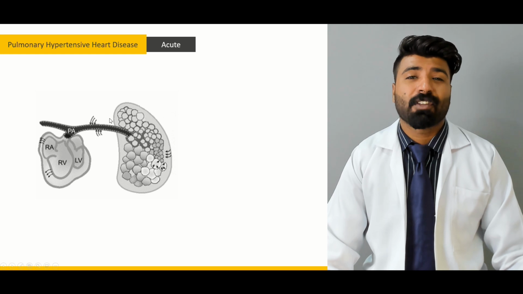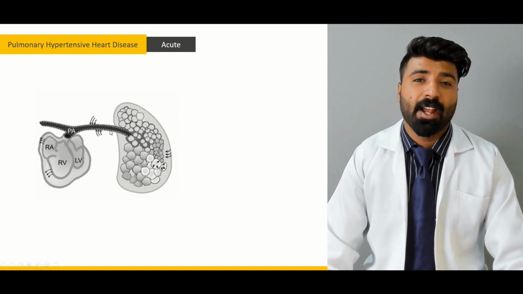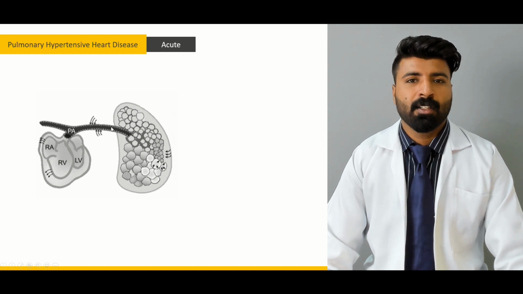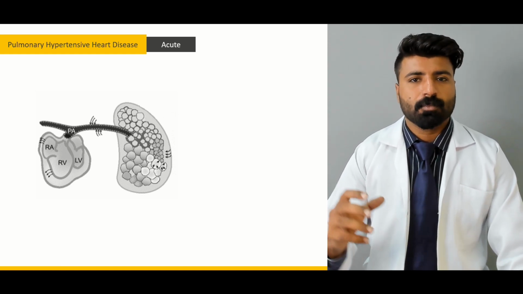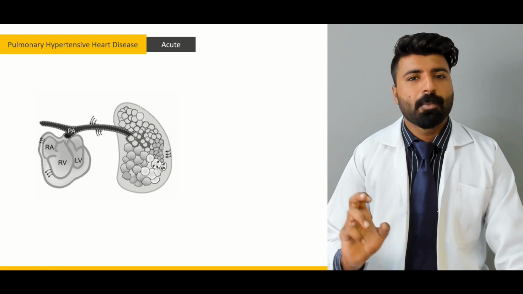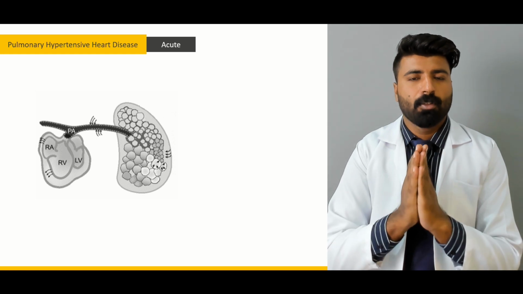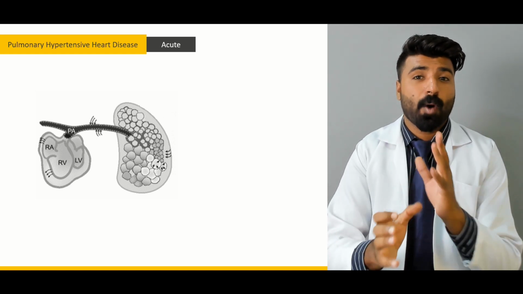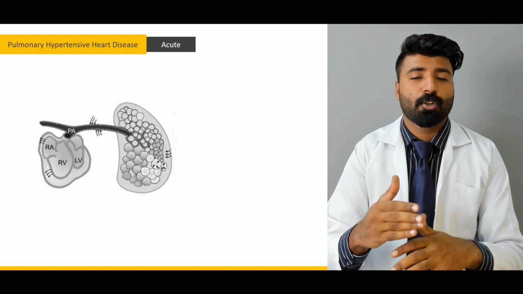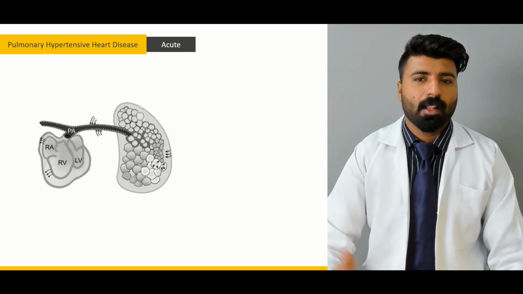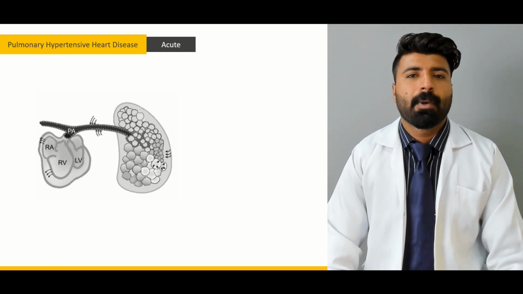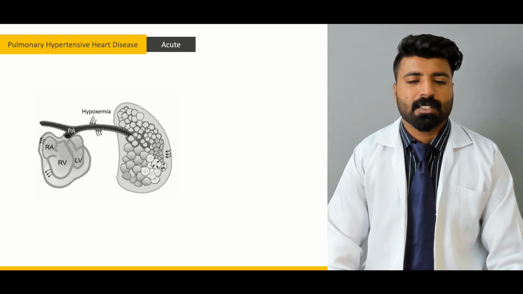It can be because of a thrombus, an embolus, or any obstruction. The patient was fine, and suddenly an embolus came in, a thrombus came in, attached to the surface, and blocked the lumen. Now the blood pressure required for the right ventricle to push the blood into the pulmonary vasculature has gone up, and that's called acute pulmonary hypertensive heart disease.